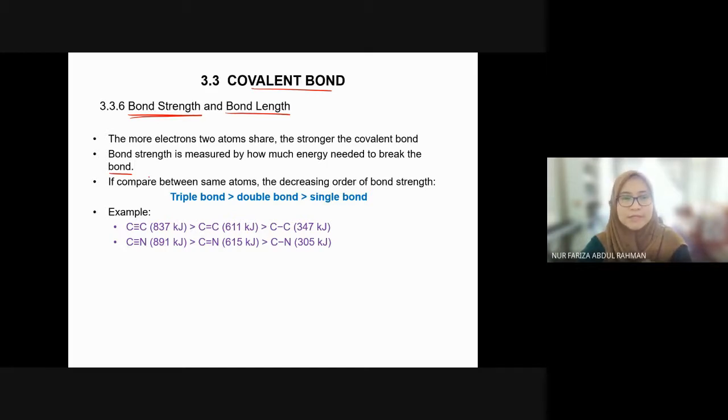The strength of the bond. How do we say that a person is strong or weak? Based on the energy they can provide to complete a certain task, for example.